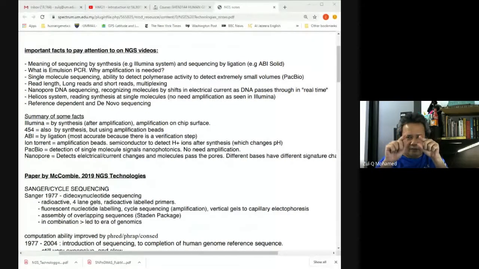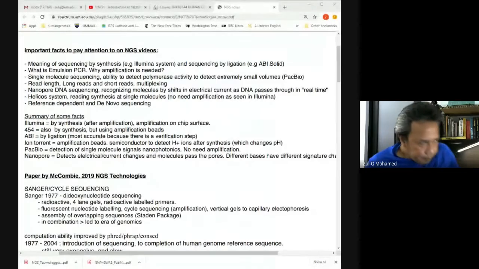Because the pore has a very small opening, whenever a molecule goes through, the current is disrupted, and this disruption can be recorded. They found that an A molecule gives a different reading, G gives a different reading, C a different reading. So by detecting whatever molecule goes through the pore, they are able to generate sequences. That seems to be the way forward.